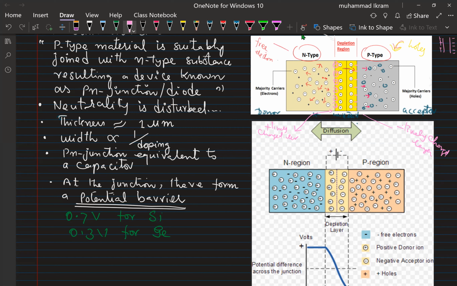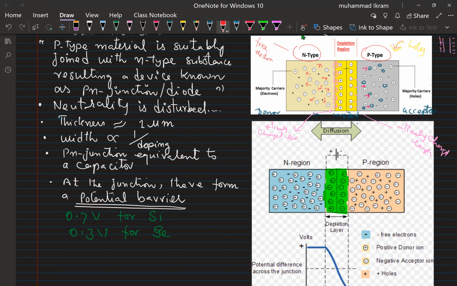This region here, which you see right now, is called the depletion layer, or the depletion region.